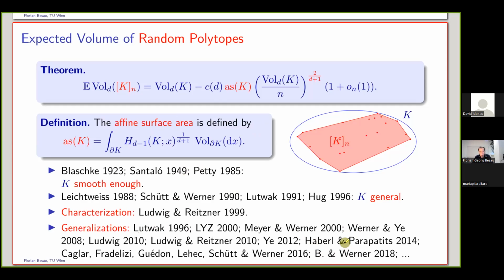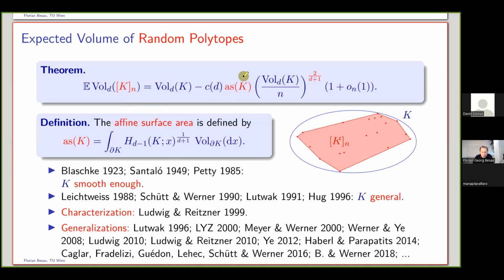So this is a very hot topic still. There is a growing interest in these curvature integrals. This is something I'm also interested in, so I wanted to talk a bit about this. But since this is not the main topic today, I will now switch again to our random polytope setup.